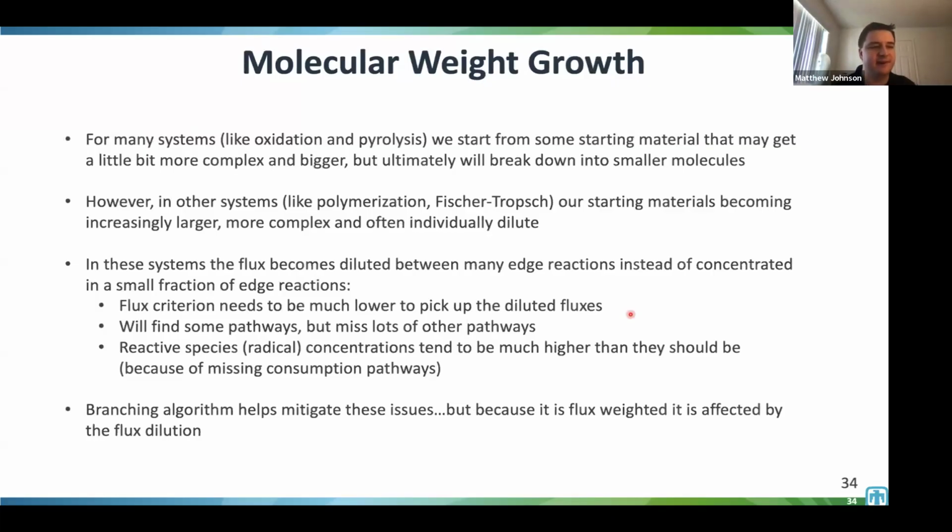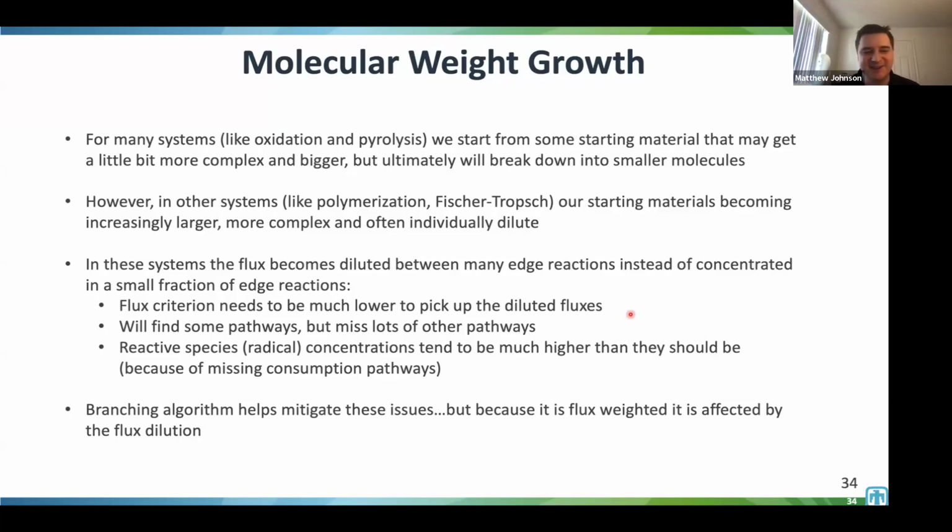The other primary species selection challenge is molecular weight growth. So for many systems, take oxidation or pyrolysis, we might start from some starting material that may get a little bit bigger and more complex, like in that feedback loop case I was talking about before, but ultimately it all breaks down into smaller molecules and breaks apart.